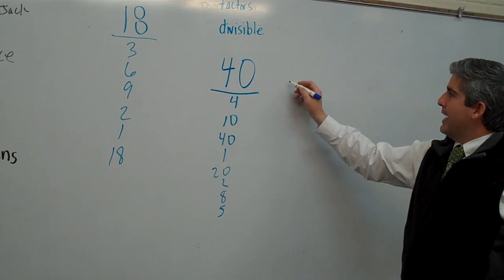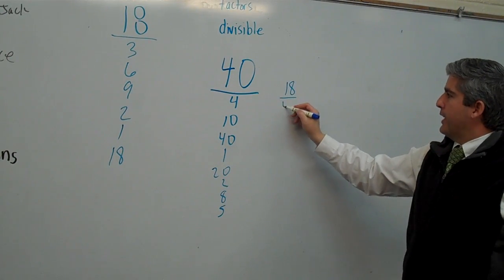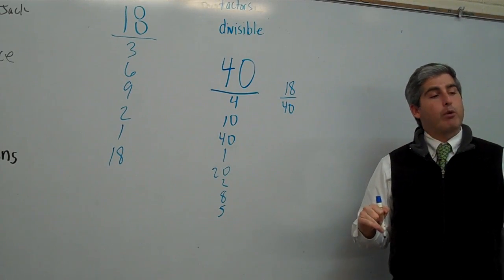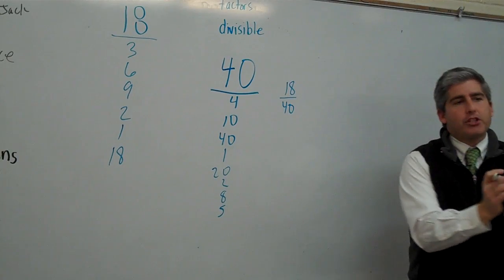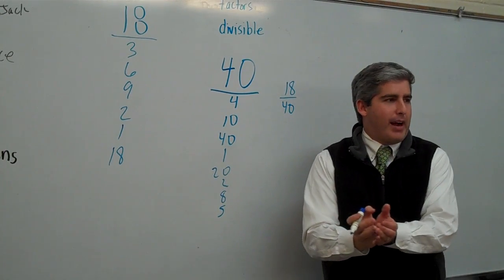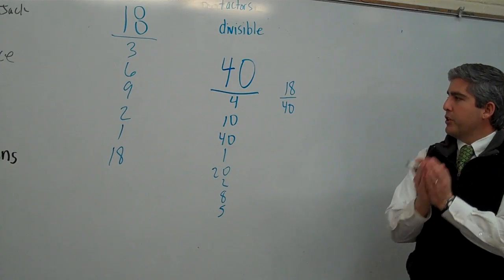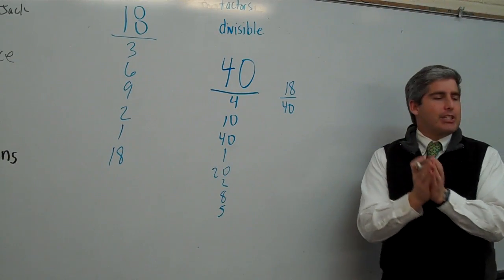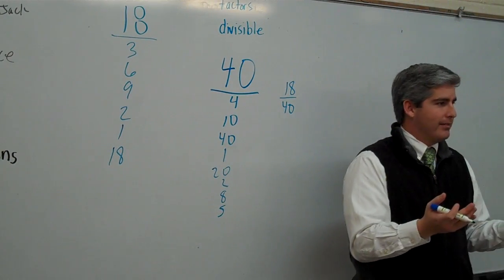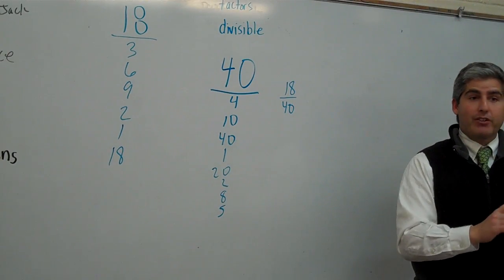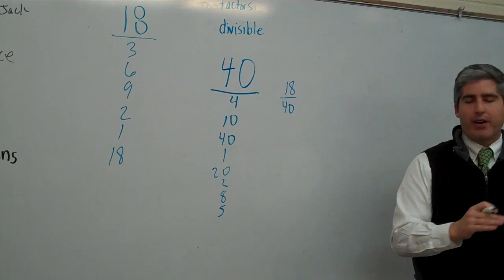Now, if I did 18 over 40, or 18 40ths, and I wanted to reduce, what operation do I use when I want to reduce a fraction? Liam? Division. And I'm going to reduce that fraction. But I can't just divide by any number I want. I have to divide by a factor, not just any factor, a common factor.